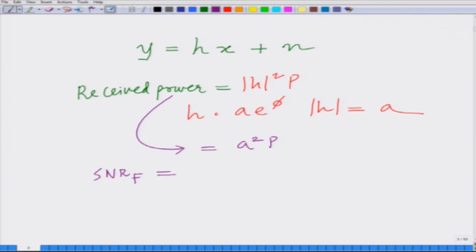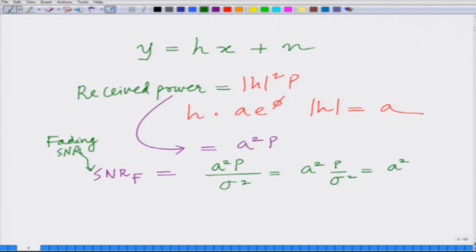And therefore, the received SNR or the fading SNR, which I am going to denote by SNR F, is basically the received power A square P divided by the noise power sigma square. But P divided by sigma square is our definition of SNR.